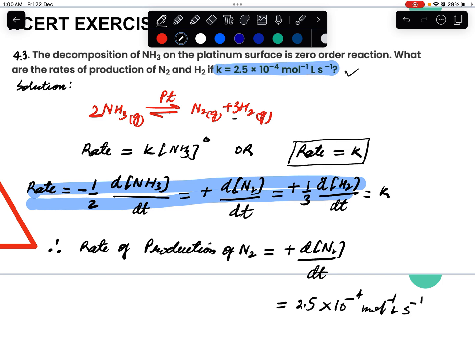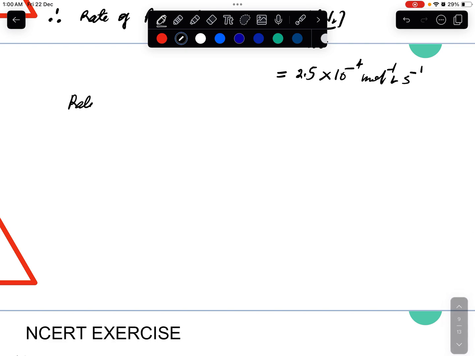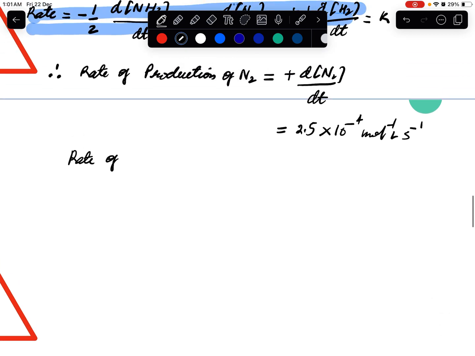Now come to the second part, that is the rate of production of hydrogen, the rate of production of H2 gas.